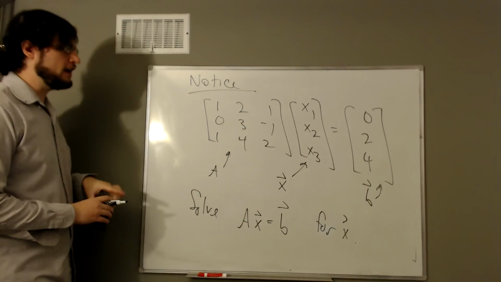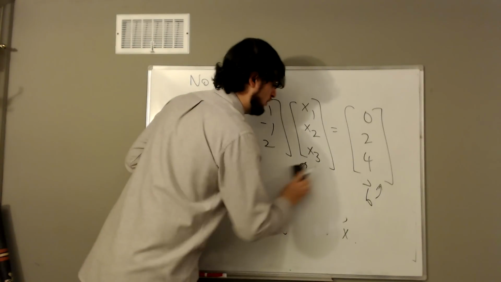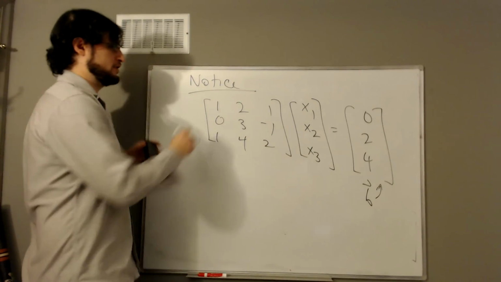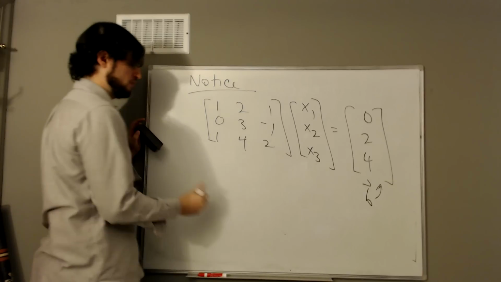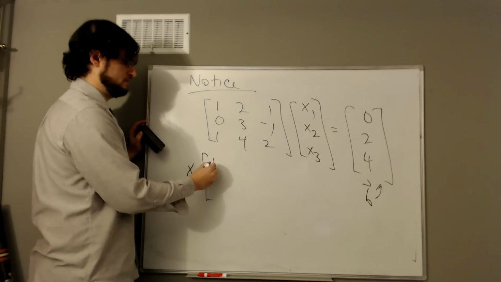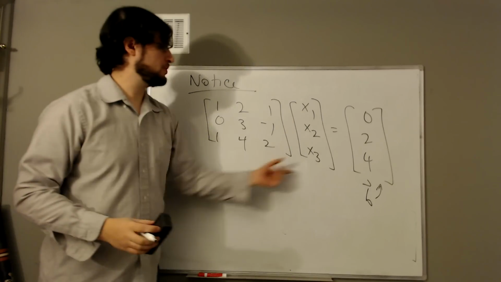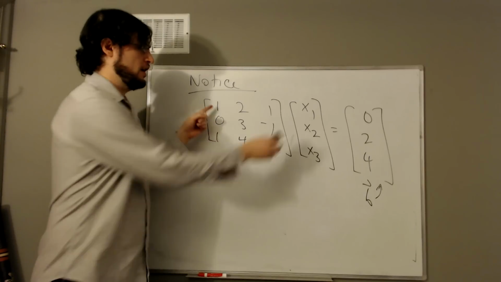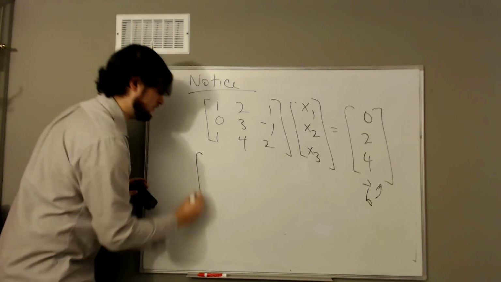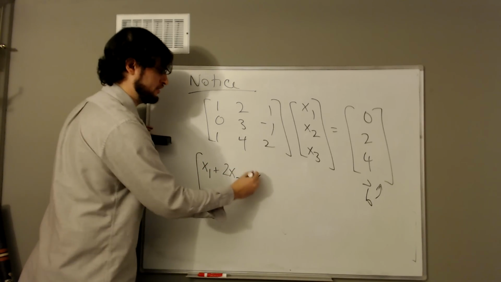Now, that's fine. How would we actually go about doing that? Notice that if I apply my thinking about matrix times a vector as columns scaled by the corresponding entries, I'd get the following. Well, actually, let's think about it in the other way. How do we actually multiply a matrix times a vector? 1 times x1, 2 times x2, 1 times x3: x1 plus 2x2 plus x3.